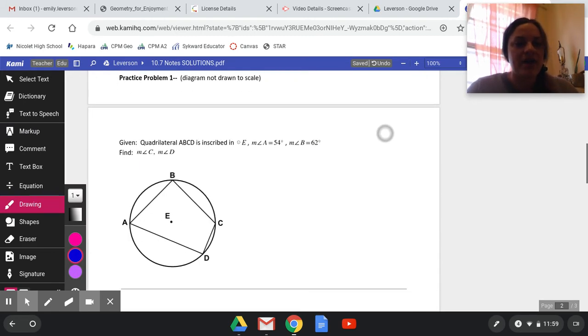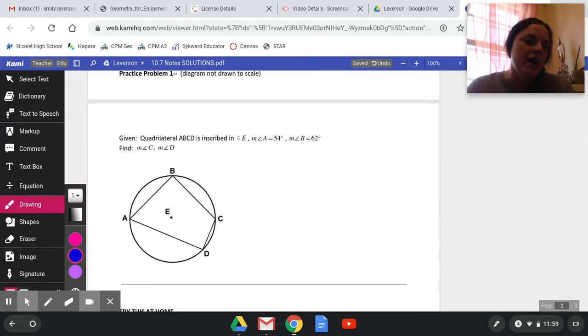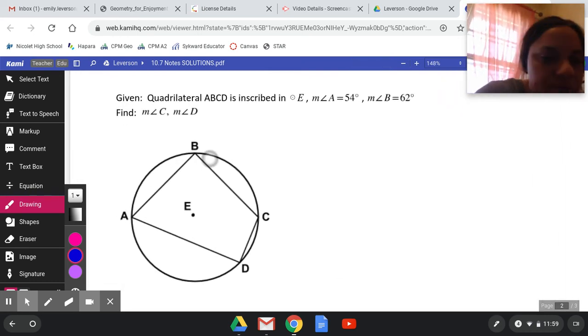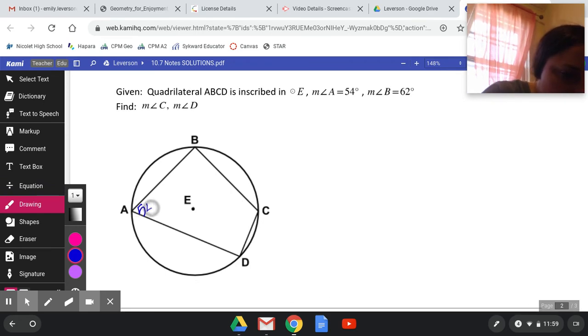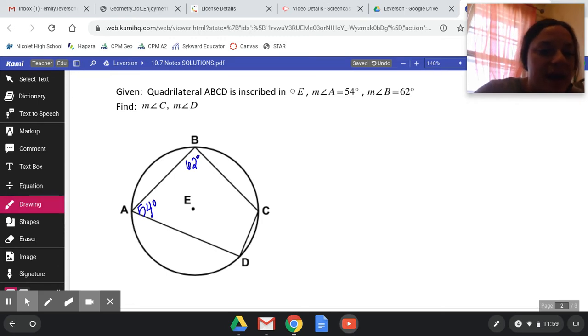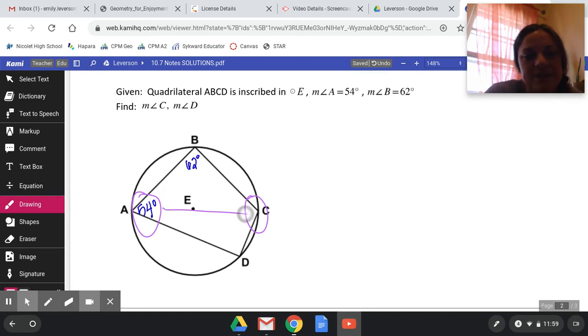So if I look at my practice problem 1, not drawn to scale, let's say I know that angle A is 54 degrees. And I know that angle B is 62 degrees. I can figure out the other angle measures because angle A goes with angle C. Those are opposites.